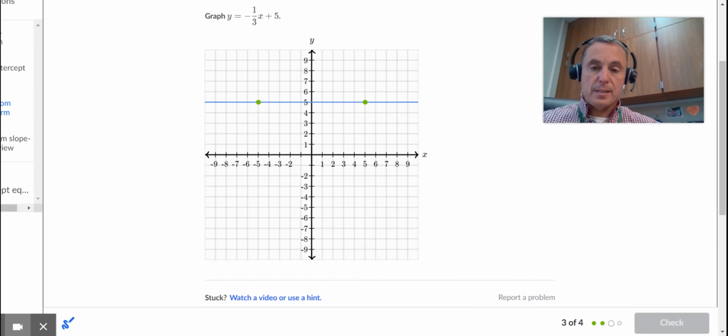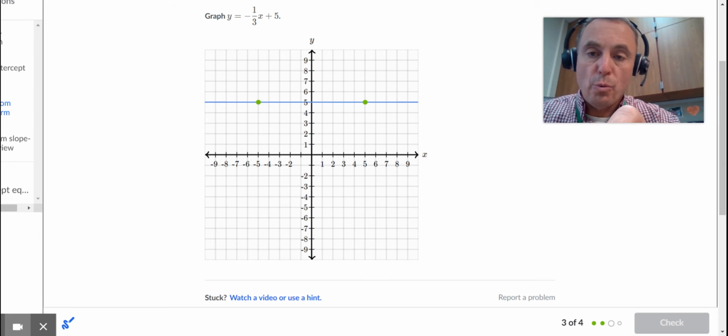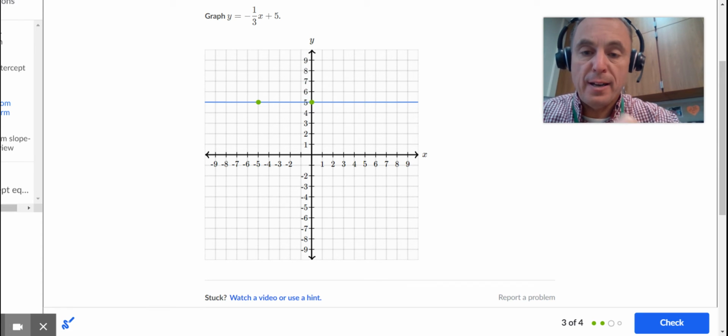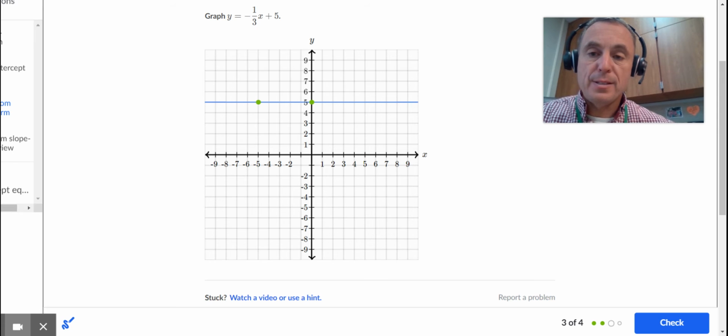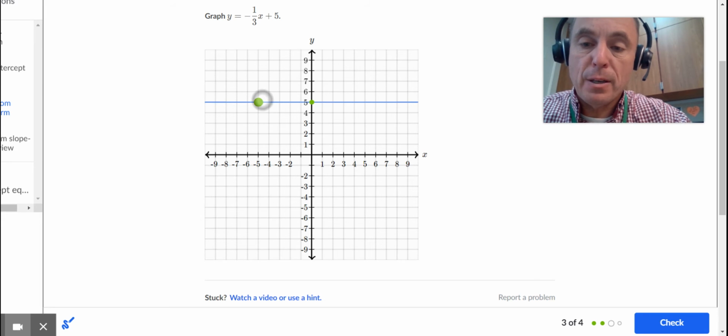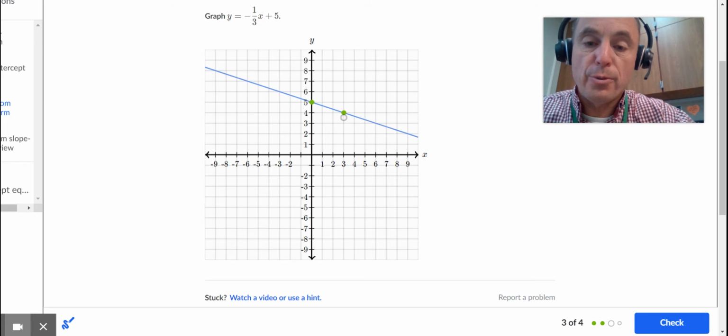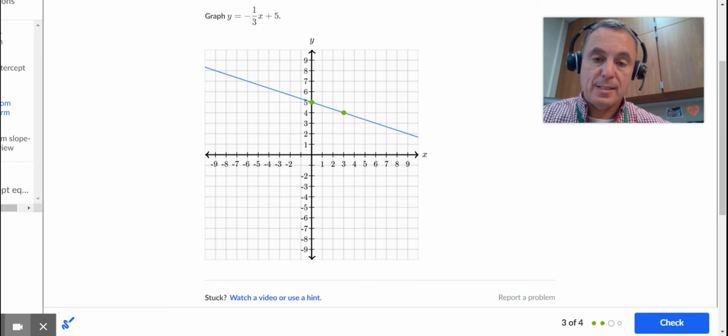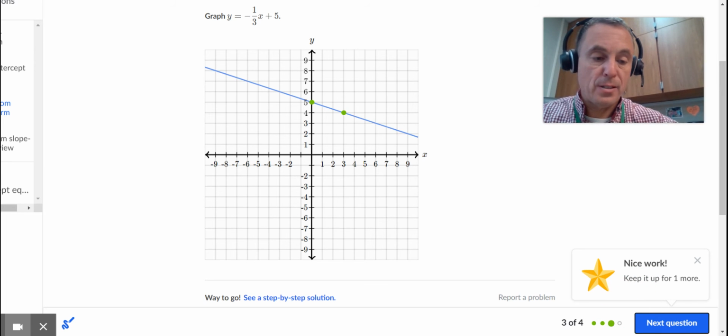Okay, this time we're going to start at the number 5. The y-intercept is at 5, so my first green dot's going to go over to 5. The slope is -1 over 3. So from 5, that means I'm going to go down 1 over 3. And that's it. Next question.